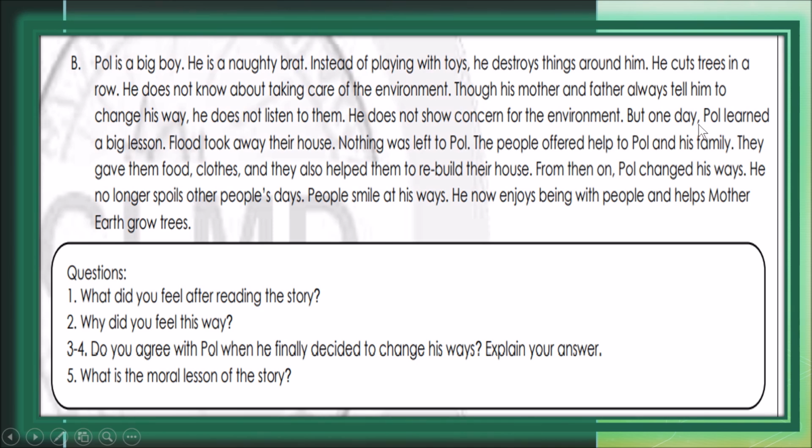But one day, Paul learned a big lesson. Flood took away their house. Nothing was left to Paul. The people offered help to Paul and his family. They gave them food, clothes, and they also helped them to build their house. From then on, Paul changed his ways. He no longer spoils other people's days. People smile at his ways. He now enjoys being with people and helps Mother Earth grow trees.